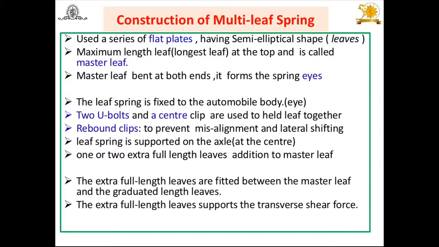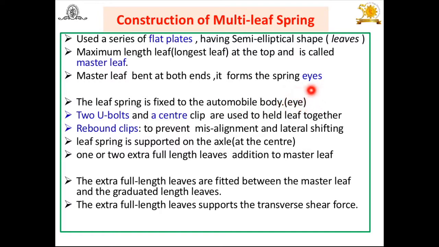Now let us see. I have already explained the construction as a series of flat plates having a semi-elliptical shape. That's why the multi-leaf spring is also known as the semi-elliptical leaf spring. The maximum length leaf at the top is known as the master leaf, which is bent at both ends. It forms the spring eyes, and this leaf spring is fixed to the automobile body.